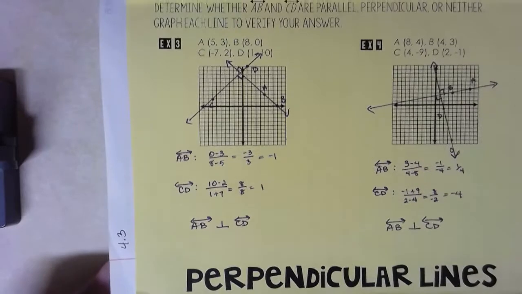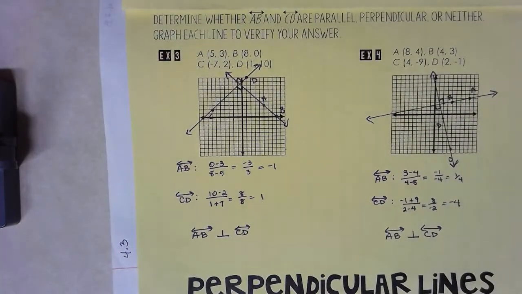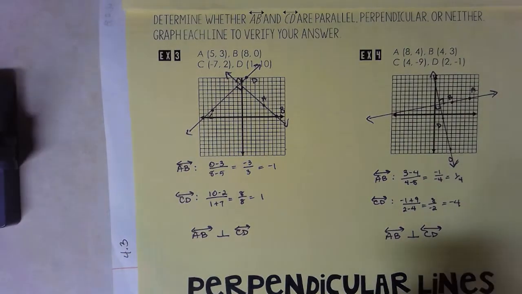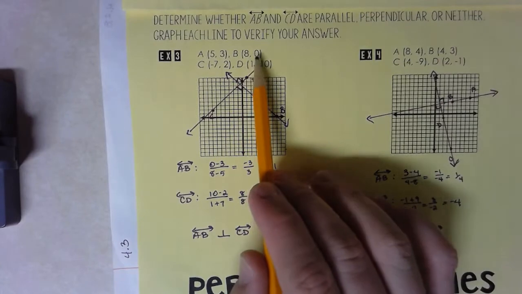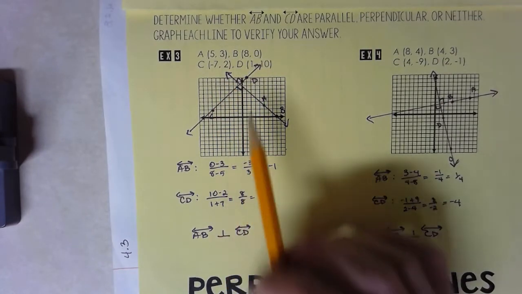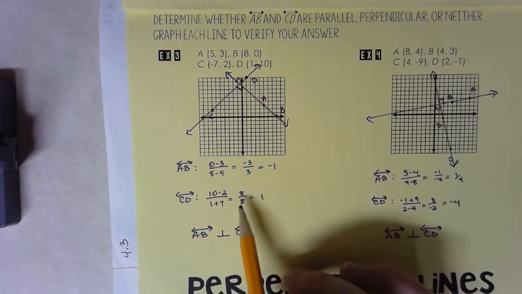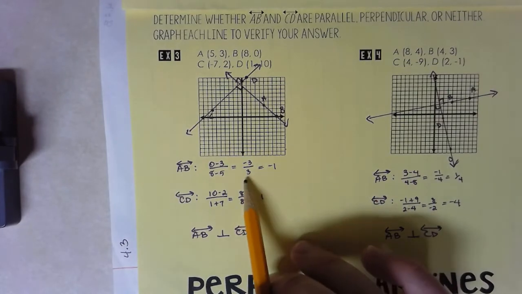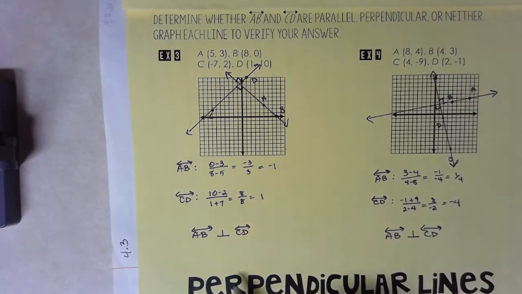Okay, so now let's look at examples 3 and 4. Again, I'm asked to determine if these two lines are parallel, perpendicular, or neither, and then graph my lines to verify. So I'm told points A and B, so 0 minus 3 will give me -3, 8 minus 5 will give me 3, so I have -3 over 3 will give me -1.